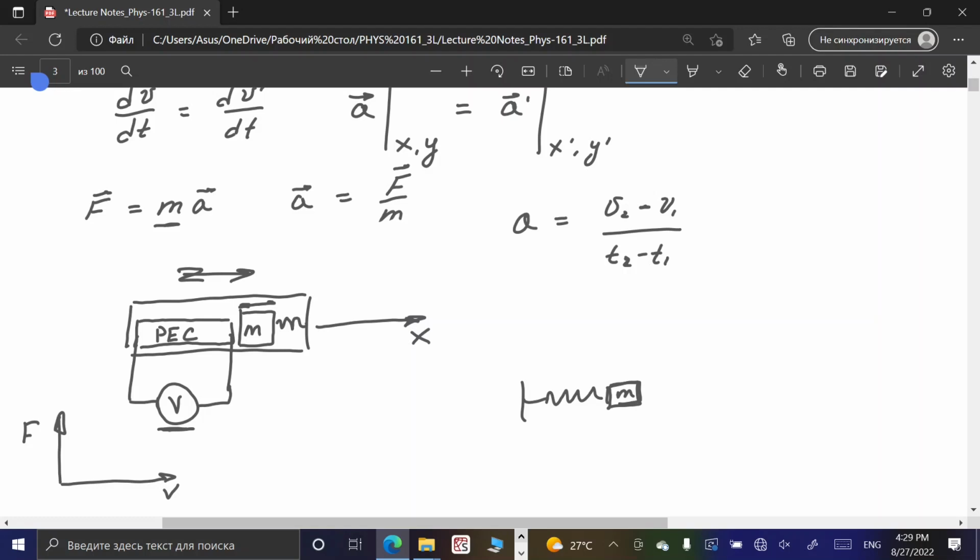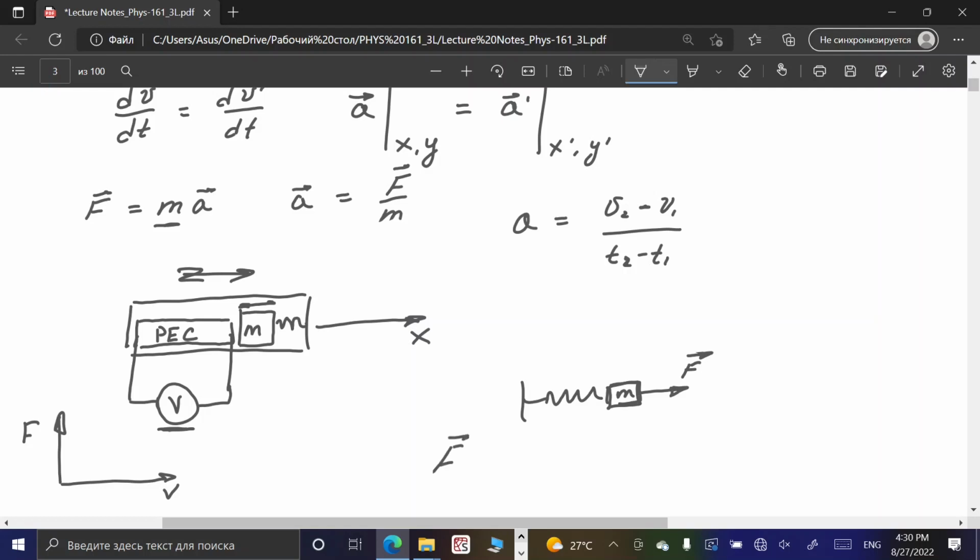Then we exert a certain arbitrary force on this block, and it starts to move with some acceleration. So we can measure this acceleration experimentally. We know already how we measure acceleration. So acceleration vector, well, let's probably better write in a different way.